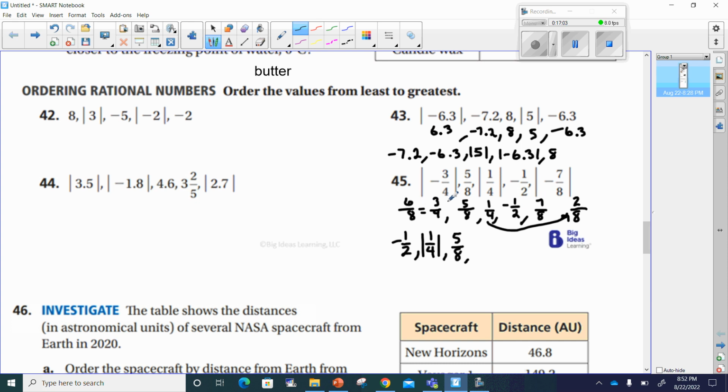So 6/8 was actually the absolute value of negative 3/4. And the last one, of course, would be the absolute value of negative 7/8.